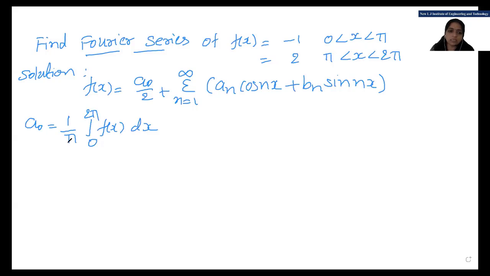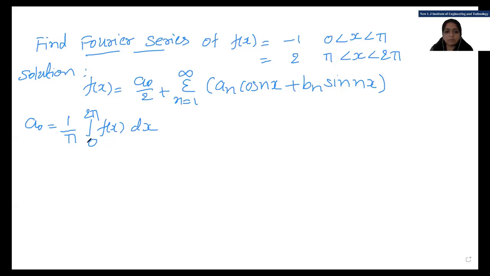Students, some students ask me through WhatsApp and through chat that in the book there is 1 upon 2 pi. But in that case, in the original function there is a0 only. But I apply a0 is equal to 1 by pi, so we are applying a0 by 2 in the main formula. So both are correct. In McGraw-Hill they apply only a0 and they apply 1 by 2 in the formula of a0. Okay, so here we continue.